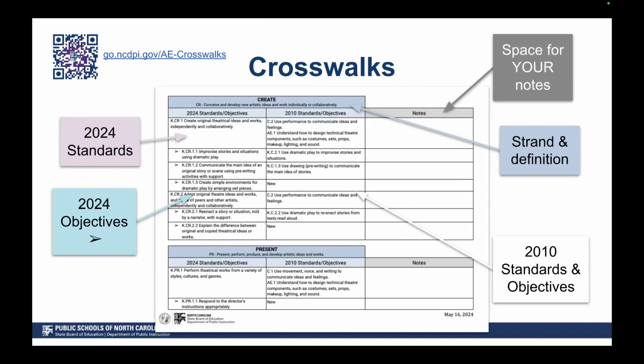And the strand and definition, of course, is there for you in the blue shaded headers. And then we gave you a column where you can write notes. As you're looking at this, perhaps you're jotting down some of the ideas of the lesson plans you used to teach, or new ideas as you're reading through them, ways in which you have dialogue with one another as you begin to unpack these.